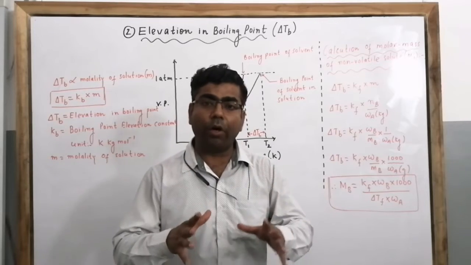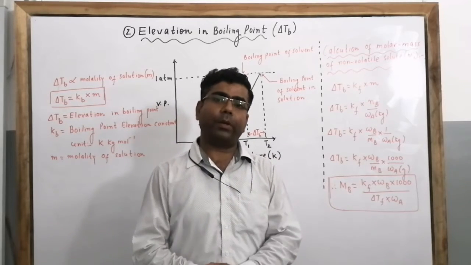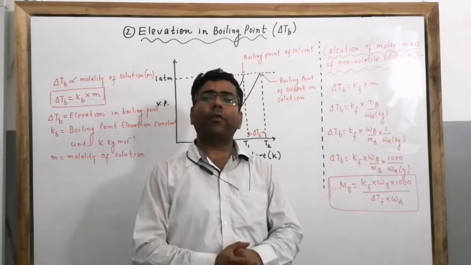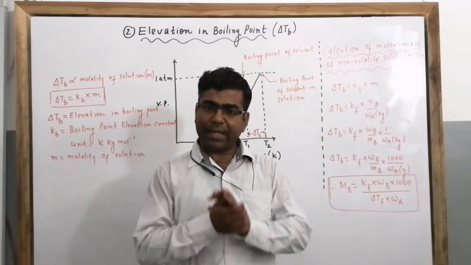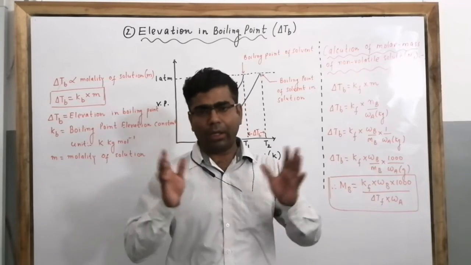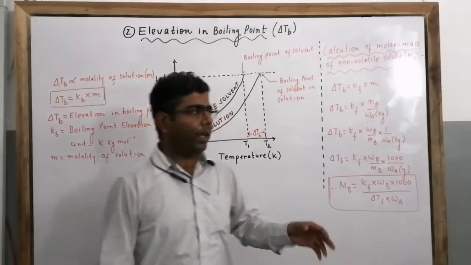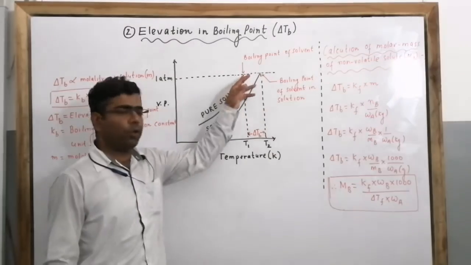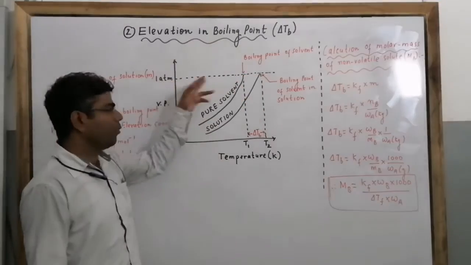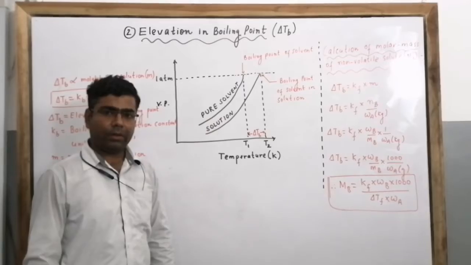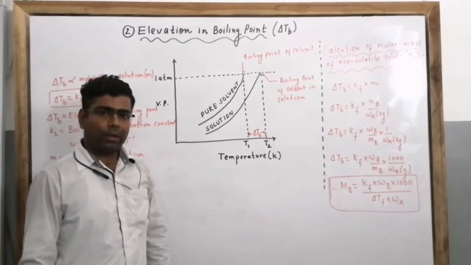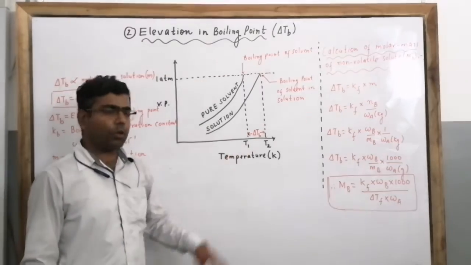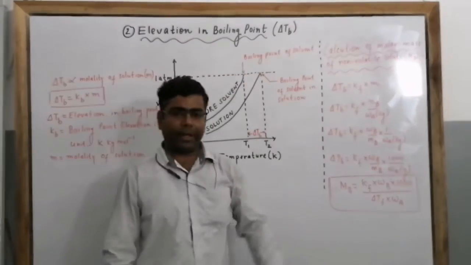That is the value for normal atmospheric pressure, and it is the maximum value of vapor pressure which can be exerted by any liquid. Clear? So here we got the highest value for vapor pressure, that is 1 atmosphere. At this vapor pressure, the temperature is T1, which is called the boiling point of pure solvent.